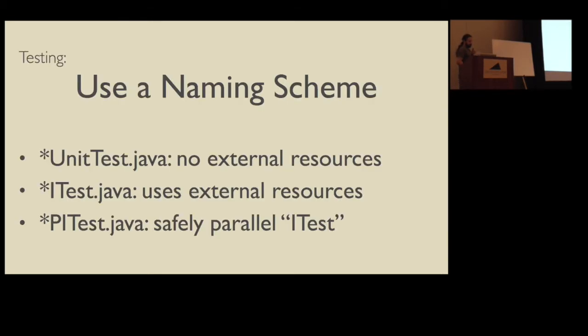That's what gets us into testing. Testing, particularly from locally all the way up, pushing up to Jenkins or Travis CI, whatever you want to use. Use a naming scheme, because there are unit tests, integration tests, and parallelizable integration tests, right? The more you break these things up and separate them out, the better off you'll be in terms of developer productivity.